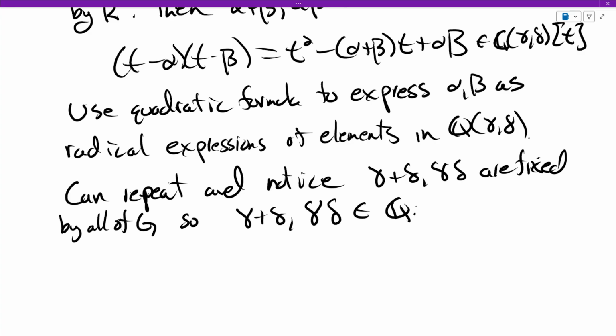So we can repeat with this to express gamma and delta as radical expressions of elements of Q. And since alpha and beta are radical expressions involving radical expressions, they are also expressible in radicals over Q.